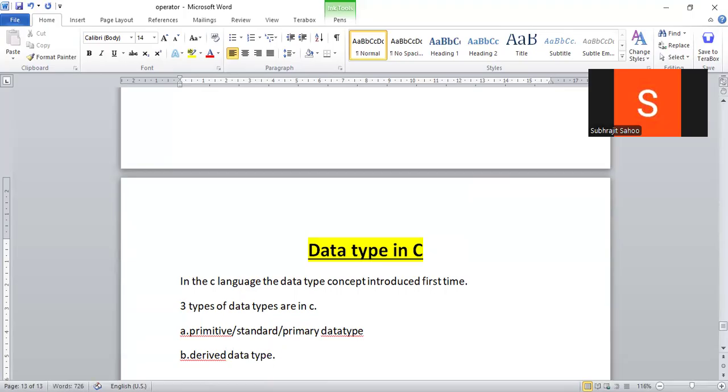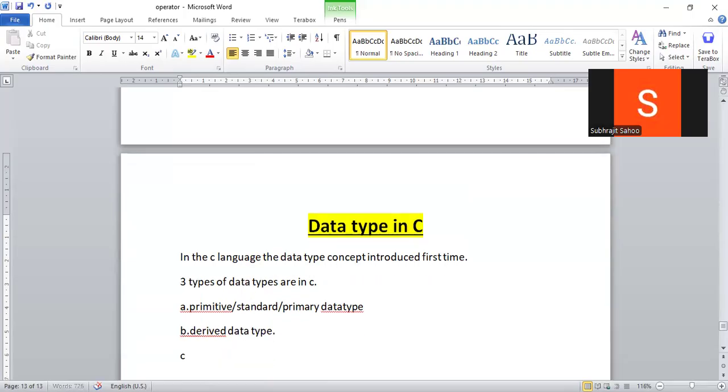And number C, the third one, is user defined data type. The data types are classified into the following three types: primitive, derived, and user defined. So primitive has alternate names, right?